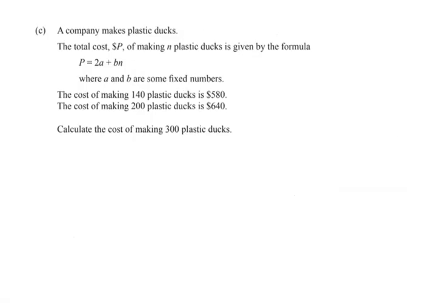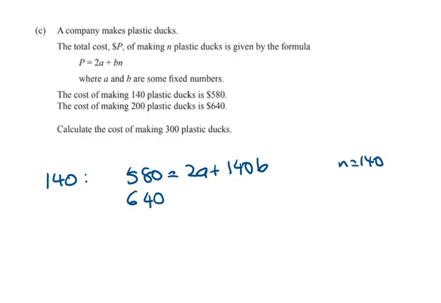We can write two equations, right? So for 140 ducks, we can say that 580 is equal to 2A plus 140B, right? Because N is 140. And for the second sentence, it costs $640 to make 200 plastic ducks.